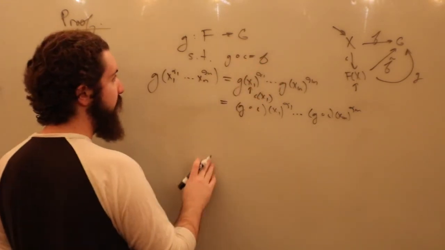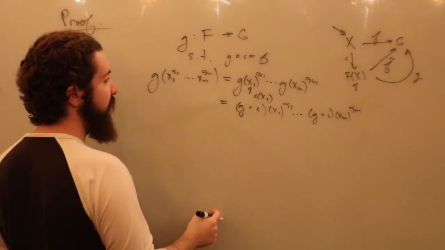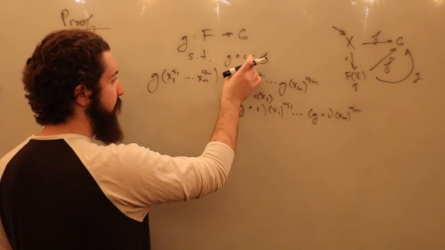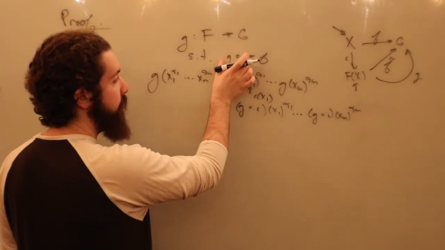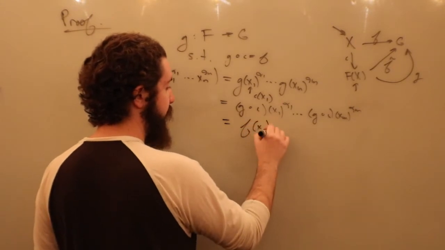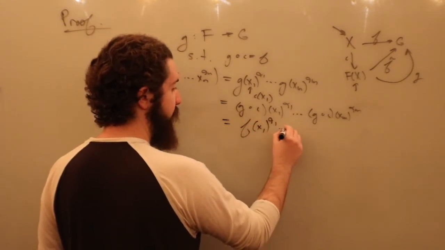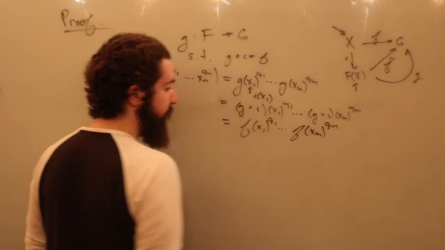We want to show uniqueness, but we're assuming that F tilde is not the unique map such that F tilde composed with iota is equal to F, right? So this is equal to F of x1 to the alpha 1 by supposition, all the way up to F of xm to the alpha m.